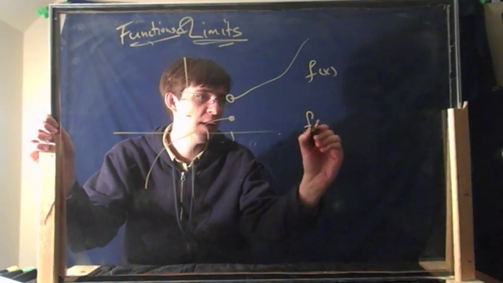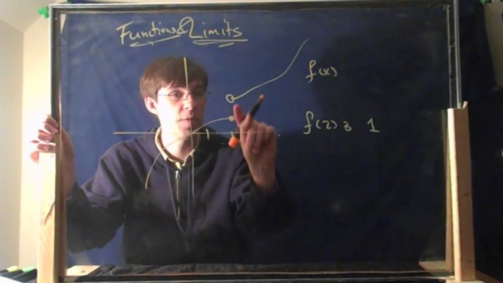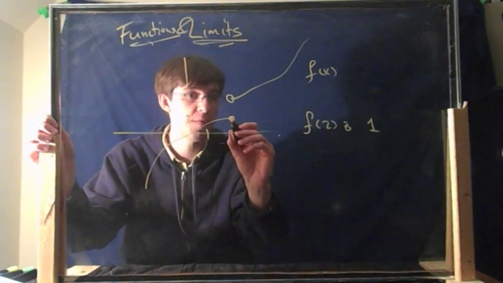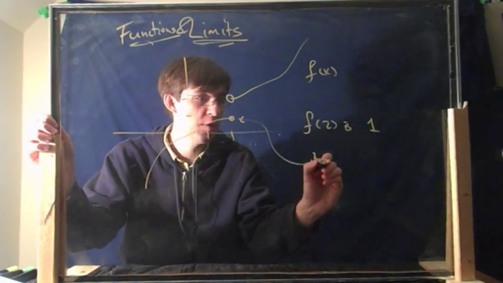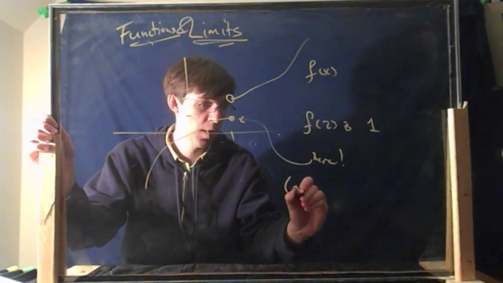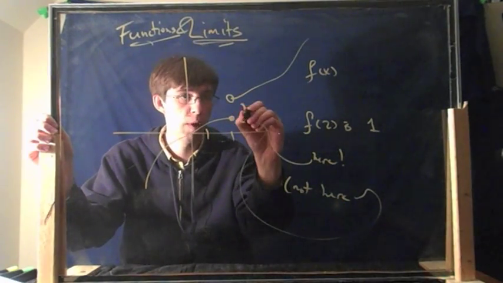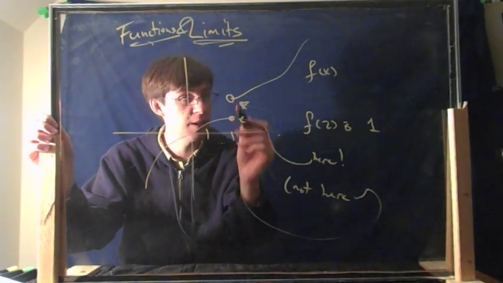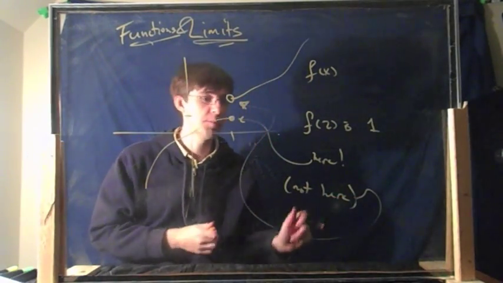That means f of 2 is 1 rather than up here, which is 2. So the filled circle, the empty circle, that means you take this one here, not here, right? The empty circle means the value is not there, it is here. All right, so that's what this filled circle, empty circle means.